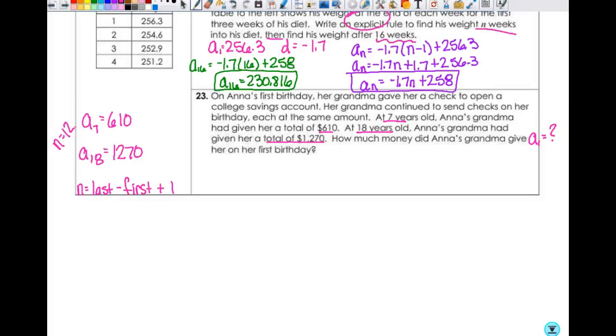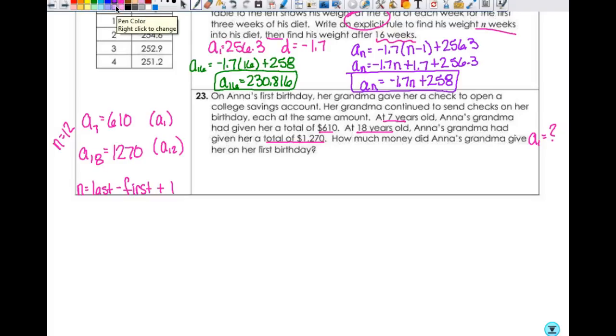I need to pretend like this is A1 and this is A12, basically, so that I can figure out what D is. Because if I can figure out what D is, then I can go back and figure out what A1 is. So I'm going to use this as A1 and this as A12 to figure D out using my formula.